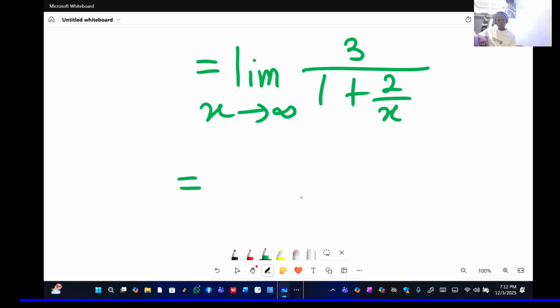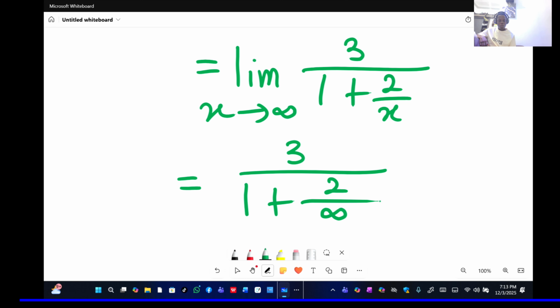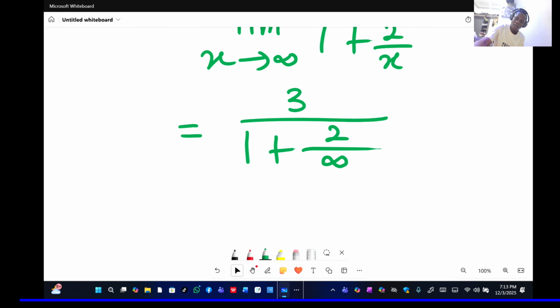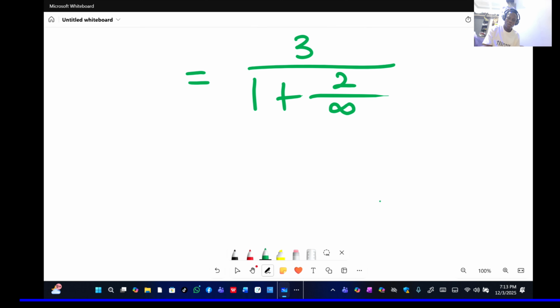So we are going to get 3, then divide it by 1 plus 2 divided by x. But the value of x is positive infinity. So you plug in the value of x as positive infinity. We continue to evaluate. So we are going to get 3, all divided by 1 plus.